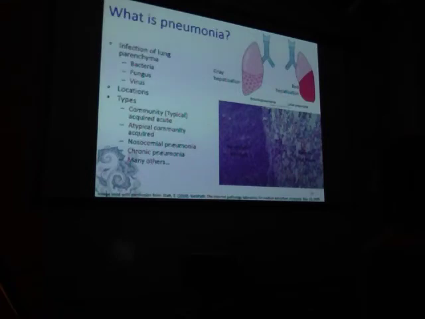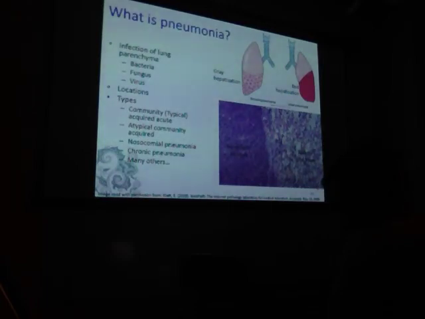Now, we have different types of locations that we can discover pneumonia, where you'll see this sort of demarcation. If you go up to the top schematics, you're seeing red hepaticized and gray hepaticized. The red hepaticized is more of a diffuse type of pneumonia, and it's seen with what we call lobar pneumonia, L-O-B-A-R.